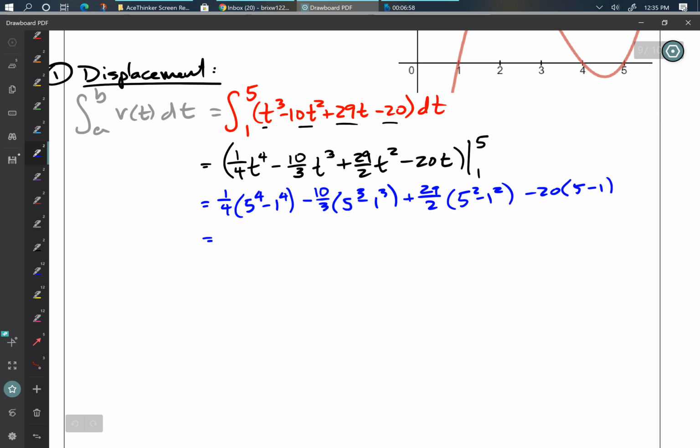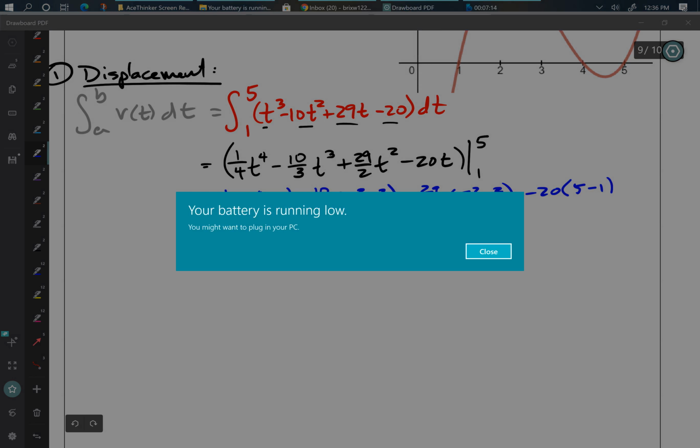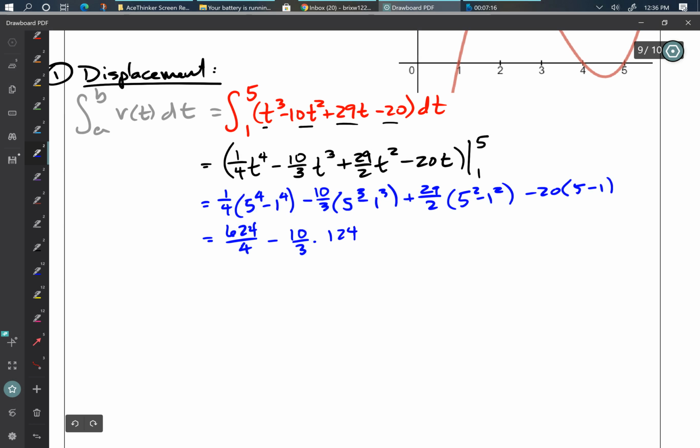Okay, 5 to the 4th, let's see, that's 25 squared, so 25 squared is 625. So 625 minus 1 is 624, so this is going to give me 624 over 4 minus 10/3 times, 5 cubed is 125, 125 minus 1 gives me that 124 that's sitting there.